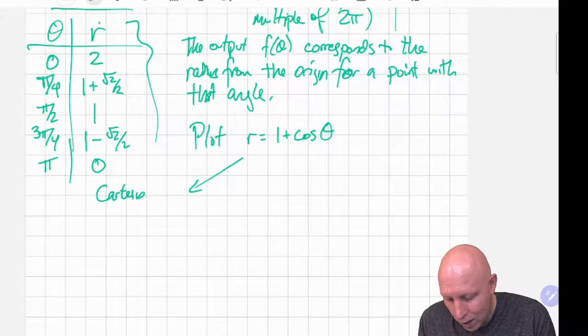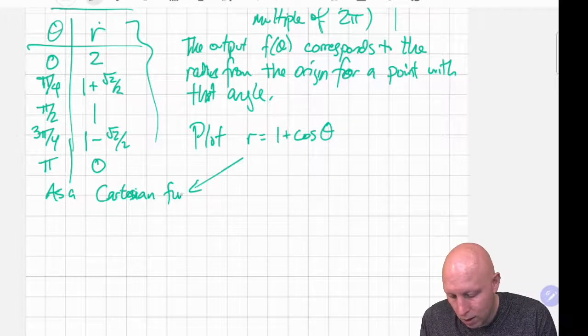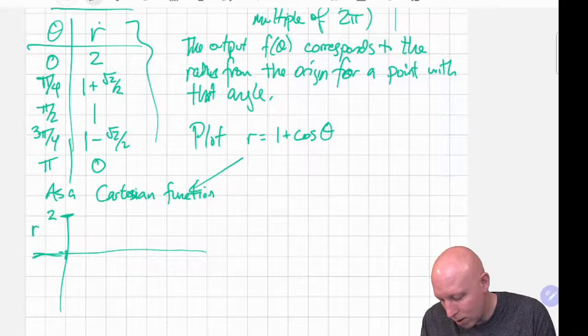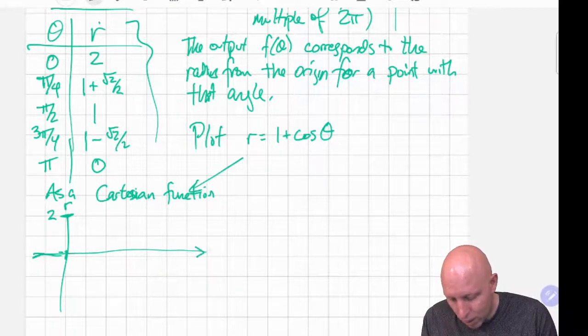As a Cartesian graph of a Cartesian function, we're just going to look at this as r. This is going to be the r-axis, and this is going to be the theta-axis.